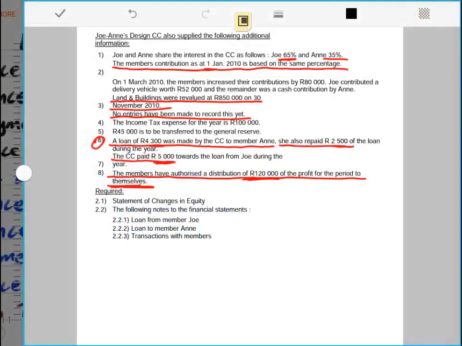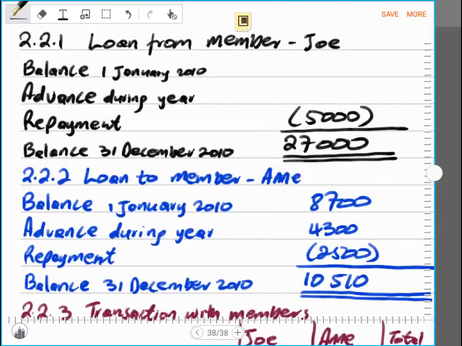as the transaction clearly stated that a repayment of 5,000 towards a loan from Joe during the year. So now we have recorded that as 5,000, and there was no other transaction that took place on this loan from a member Joe. Therefore, now there is no loan advance.